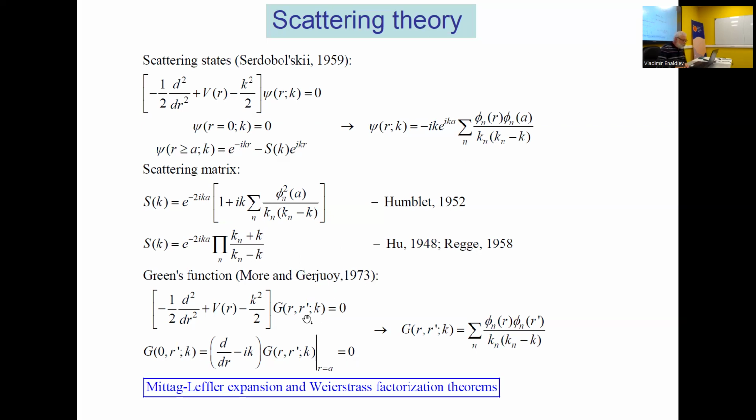And then the most general object of the theory is the Green's function, the outgoing wave Green's function. It satisfies the same Schrödinger equation. Oh, I'm sorry. Here should be a delta function, of course, just delta(r minus r prime). It satisfies the regularity boundary condition, the outgoing wave boundary condition, and Moore and Gerjuoy obtained this formula for the Green function.